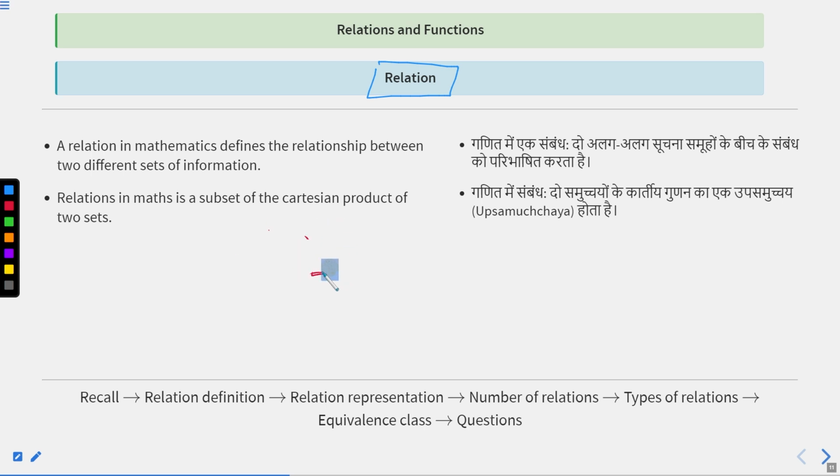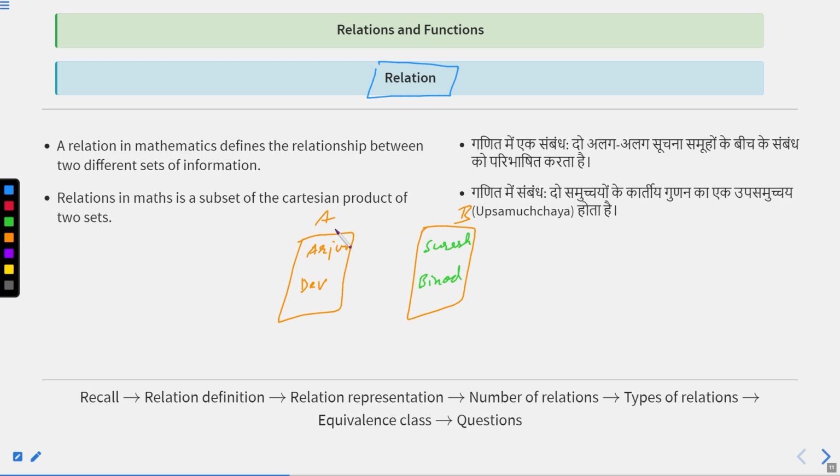So for example, say I have two groups, A and B group. In A group I have Arjun and Dev, and in B group I have Suresh and Binod.